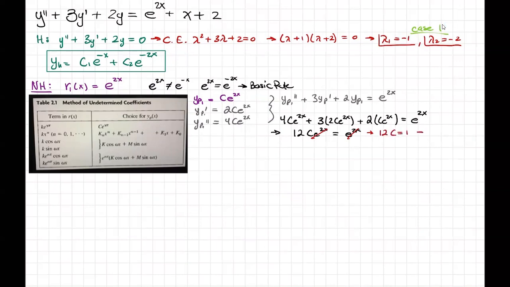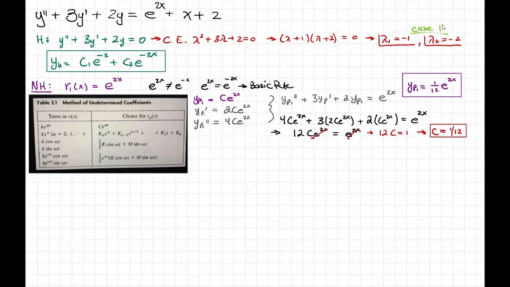So from here we get that c is equal to 1 over 12. So then we can get our first yp. I'm going to write over here. So yp1 is equal to 1 over 12 e to the 2x. So one of them is done.